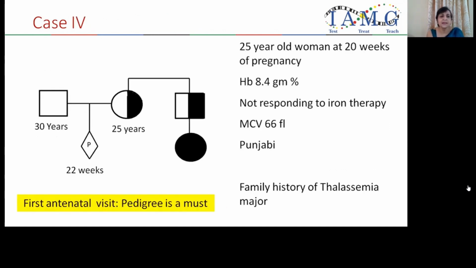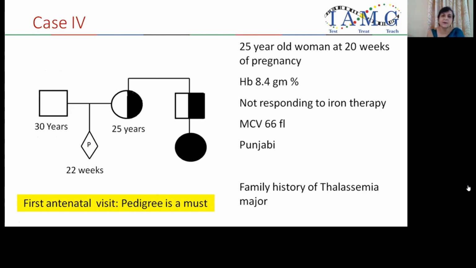Coming to this first case scenario, an antenatal visit: this lady was referred to us at 22 weeks of gestation because of anemia, which was not responding to iron. She had microcytosis and belonged to a group where thalassemia is very common.